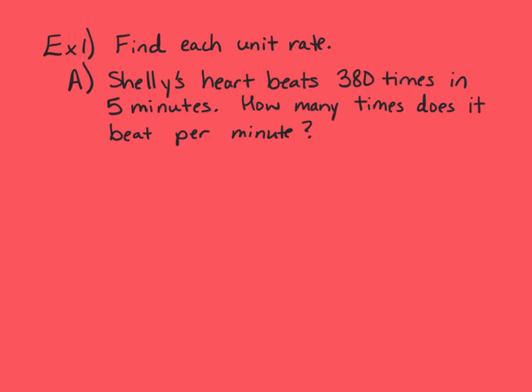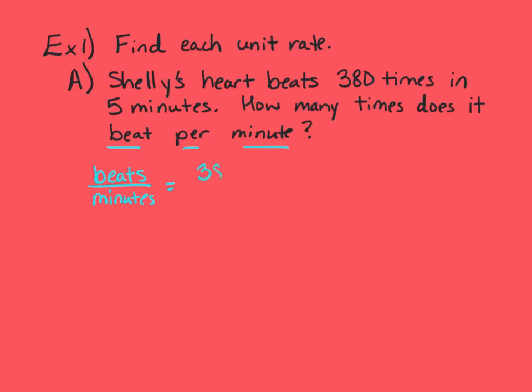We have two quantities that are being compared, beats and minutes. So we've got beat per minute. That helps us see the order. So I'm going to do the number of beats per the number of minutes that were given, and then we'll simplify that down to a fraction whose denominator is 1.